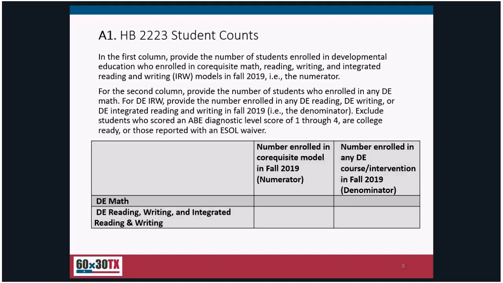So 50% of all DE enrollments on your campuses, with the exception of those who are exempt.